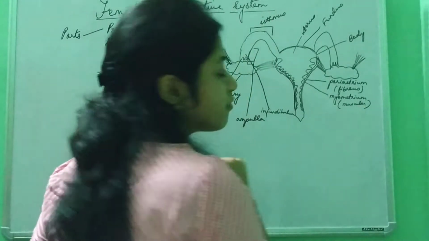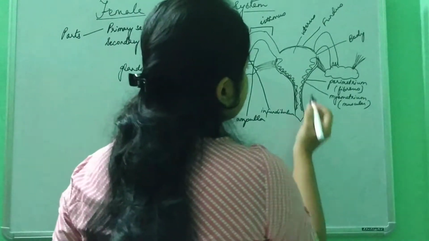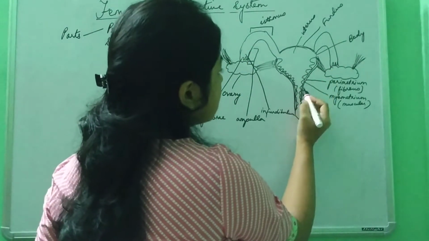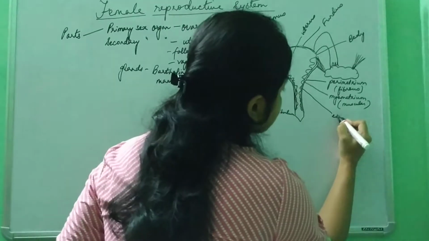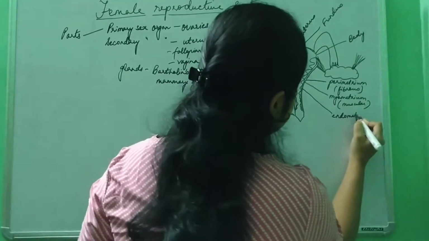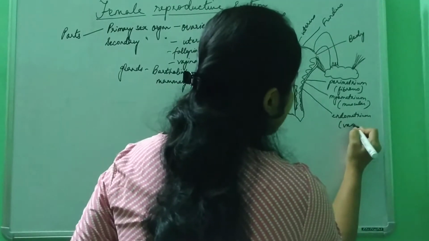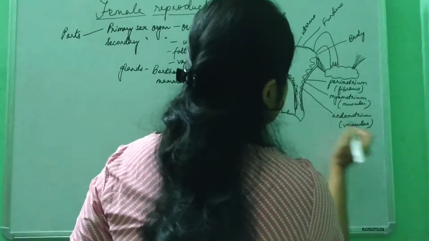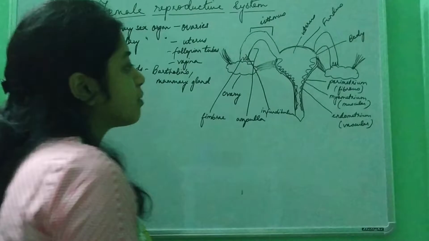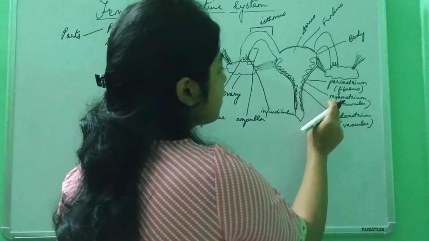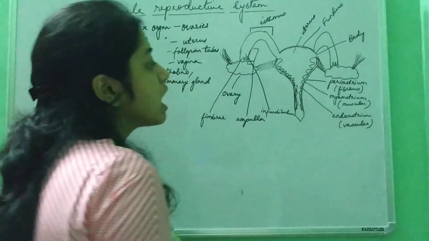It is composed of muscles. And the inner wall, this one, is the endometrium, which is vascular. Okay, remember the uterus is composed of three walls: perimetrium, myometrium, and the inner one is endometrium.